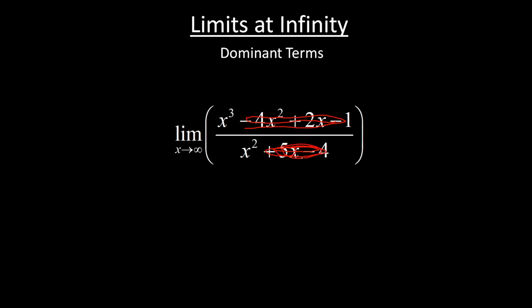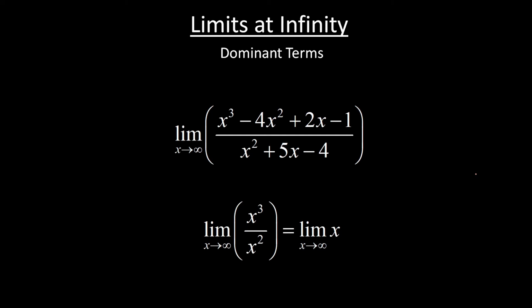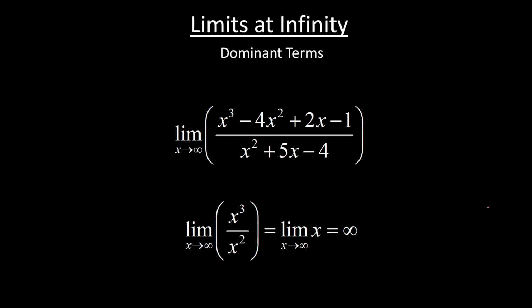Their contribution is going to be so small it's not going to matter anymore. And so we can rewrite this limit with just the dominant terms in the numerator and the denominator. And then we can simplify. x cubed divided by x squared is x. And as x goes to infinity, then x goes to infinity. And so this limit is infinity.